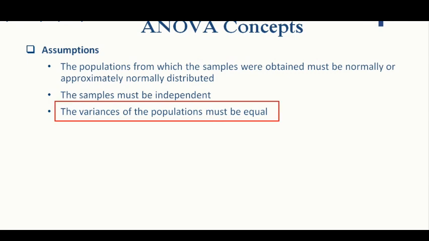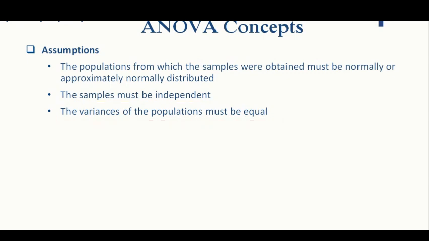And the third assumption is that the variances of the populations must be equal. So, that is an assumption regarding the intrinsic behavior of responses by the patients among all the groups. The dispersion for each of these groups is assumed to be the same.